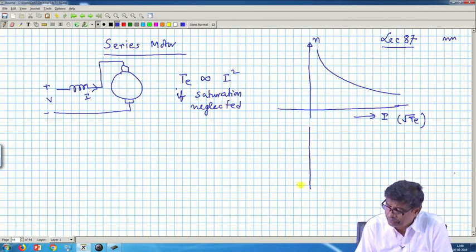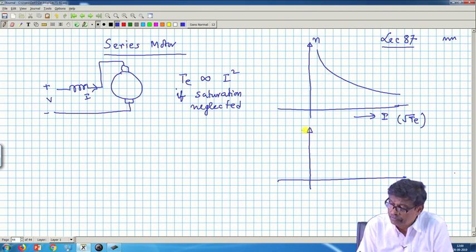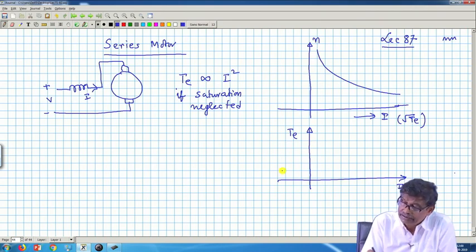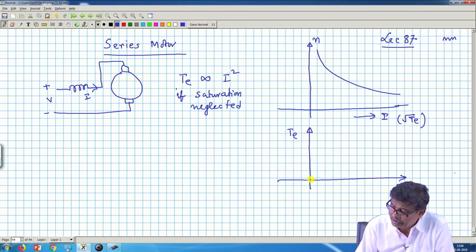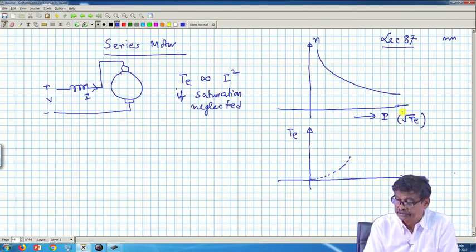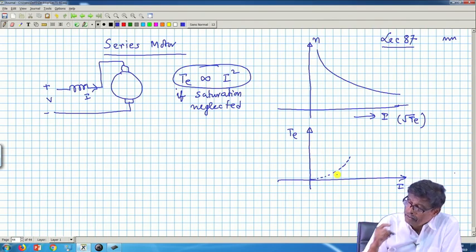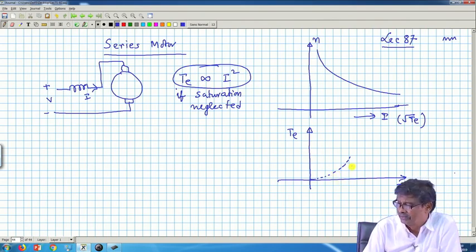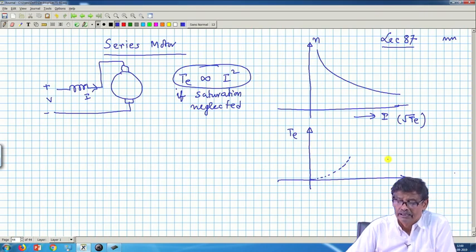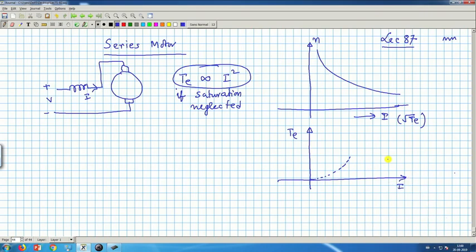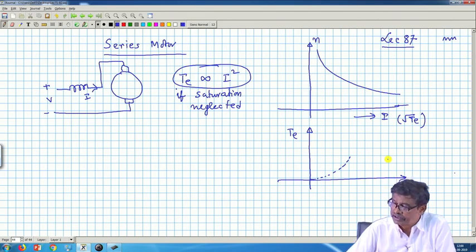So, if you simply sketch torque developed by the machine against current I, at I 0 torque is 0, and it will go on rising in a parabolic way. But if you go on increasing the current, a time will come when flux per pole will not be proportional to I; at large value of current, it will reach saturation.